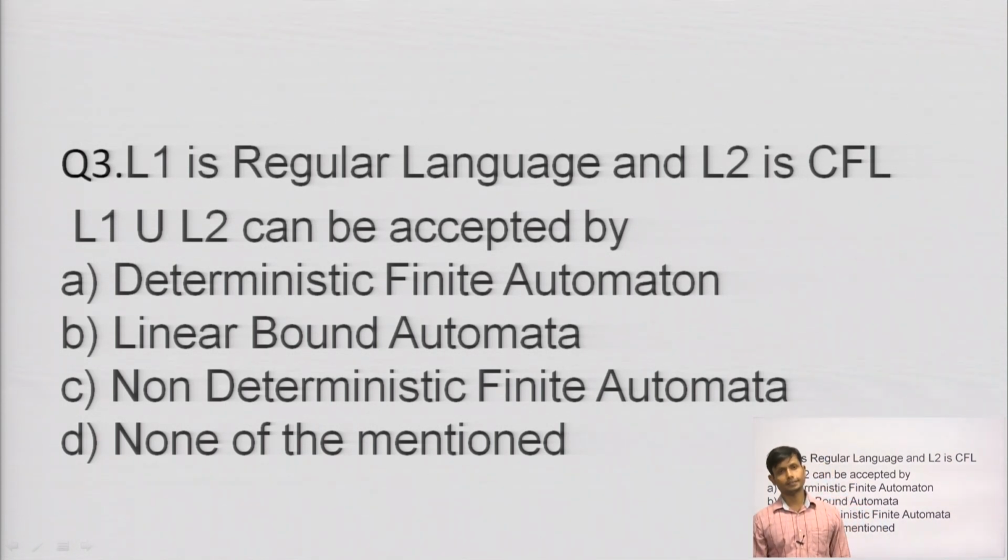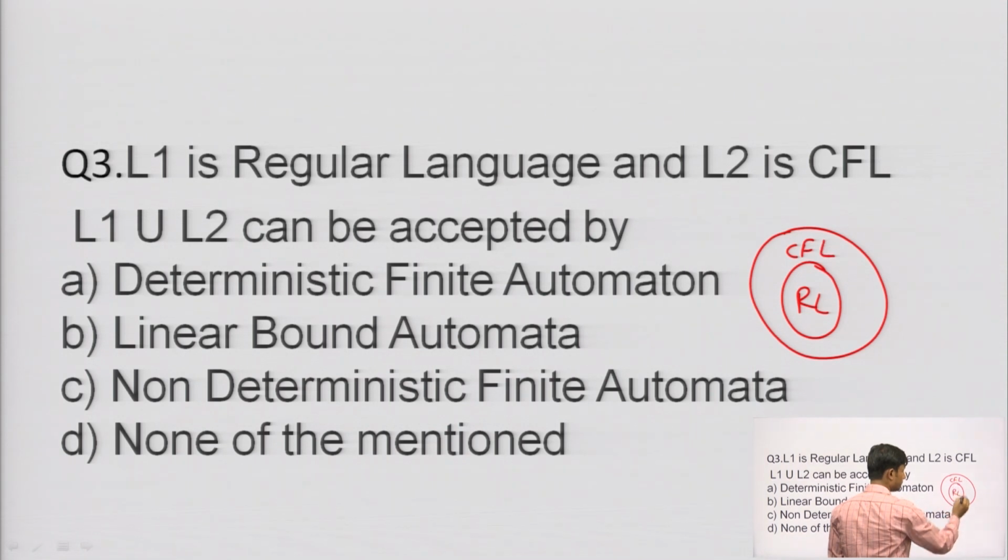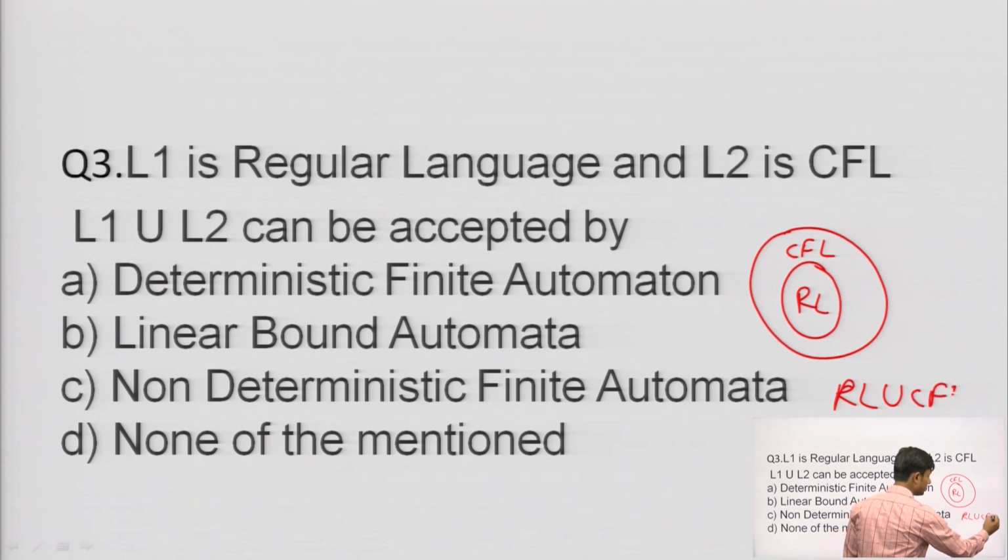I already discussed this in the closure properties of context free language: L1 union L2, which language will be generated? L1 is a regular language, union L2. If you take a regular language and a context free language, the union of regular language and context free language, or regular language intersection context free language, will always be a context free language.